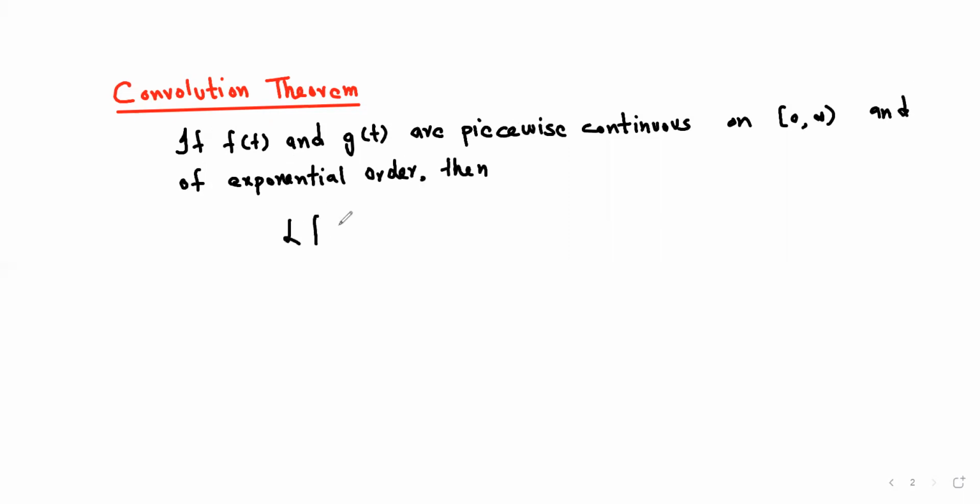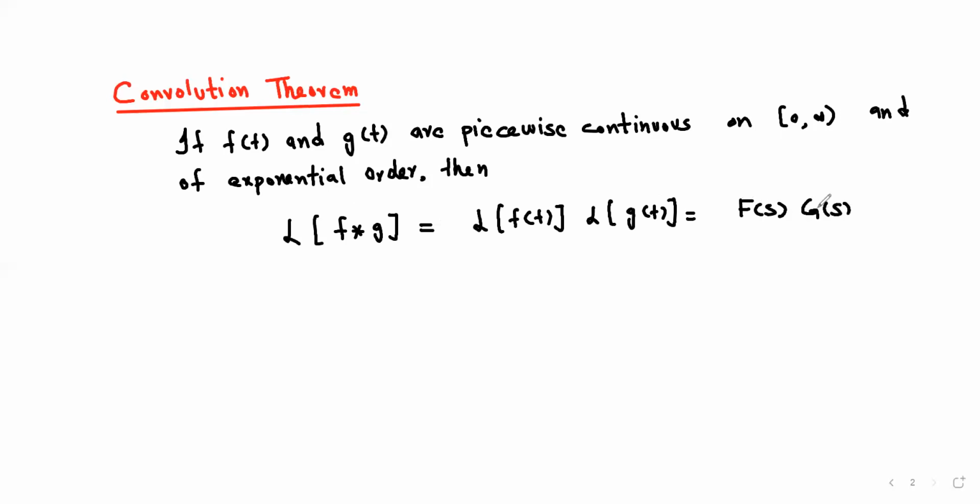Laplace of f star g is equal to Laplace of f of t times Laplace of g of t, and you know that Laplace of f of t is equal to F of s, and Laplace of g of t is equal to G of s.